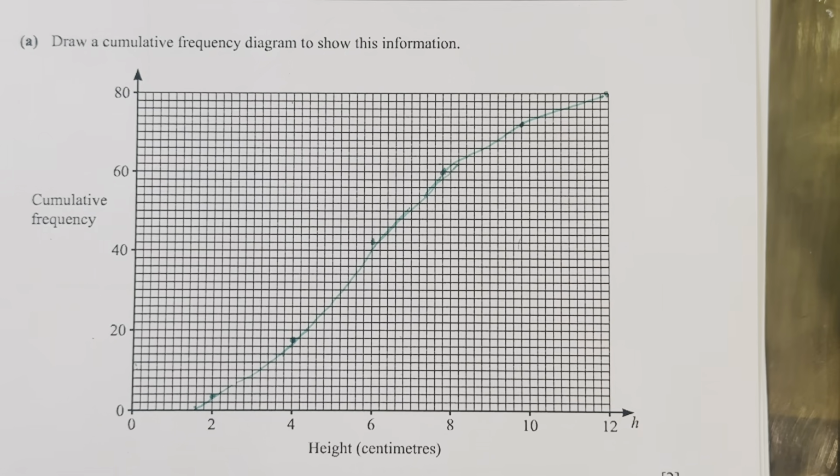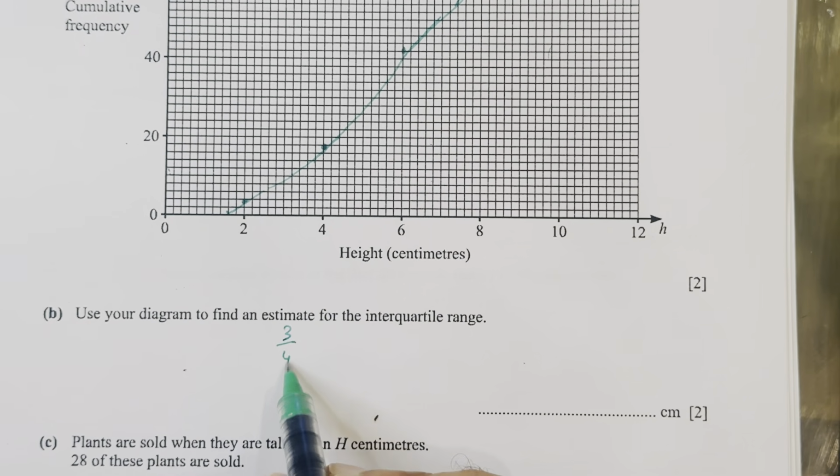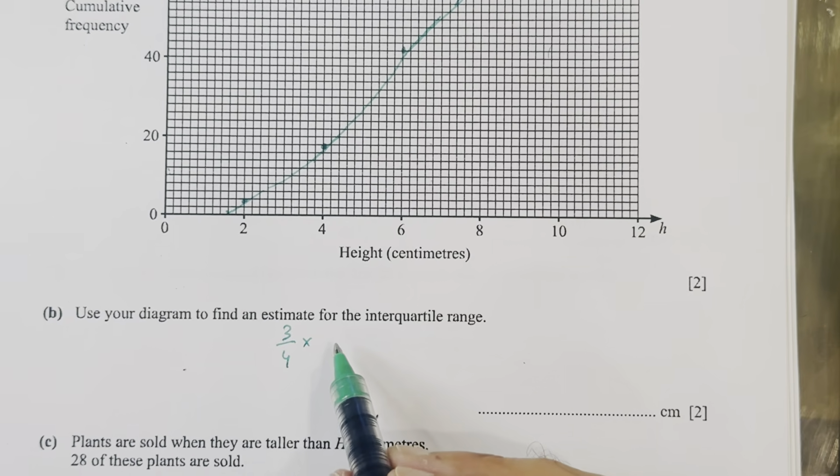Use your diagram to find the interquartile range. We know the interquartile range formula: for the upper quartile it is 3 by 4 of the cumulative frequency, which is 80.